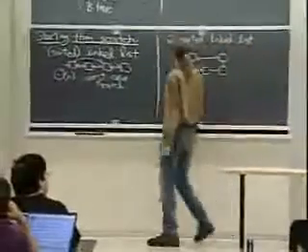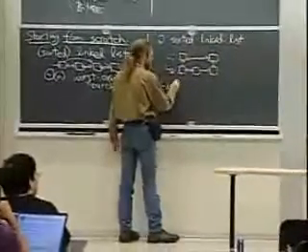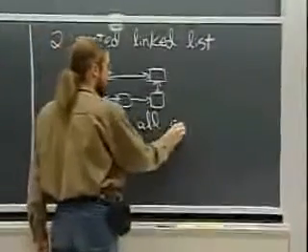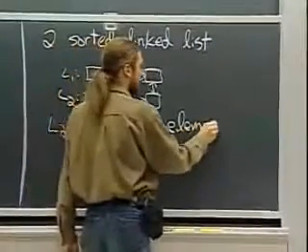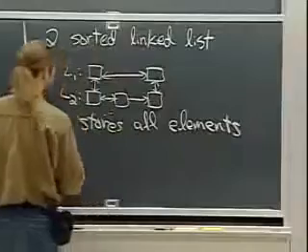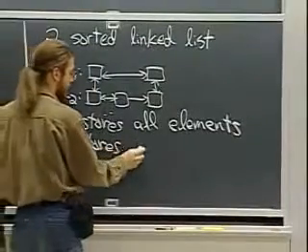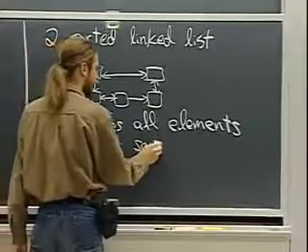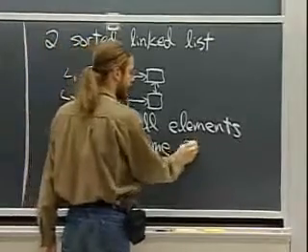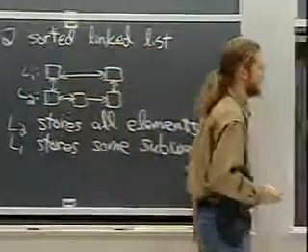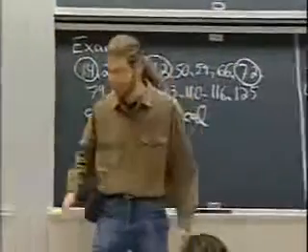So L2 stores all the elements. And L1 stores some subset. And it's still open which ones we should store. That's the one thing we need to think about. But our inspiration is from the New York subway system. Okay, there.